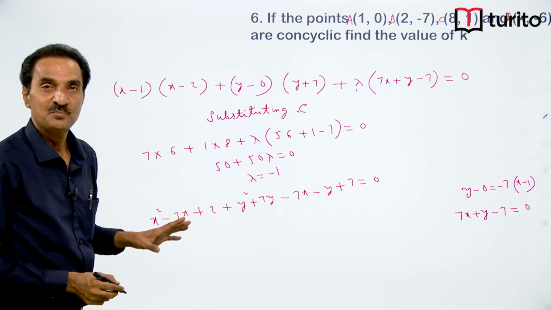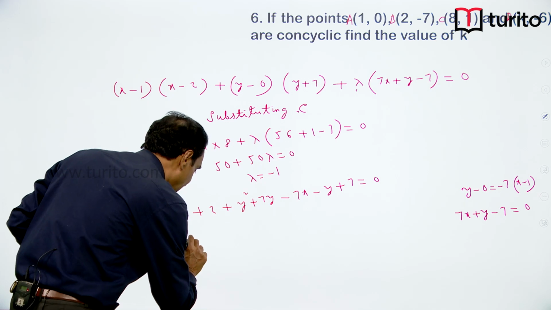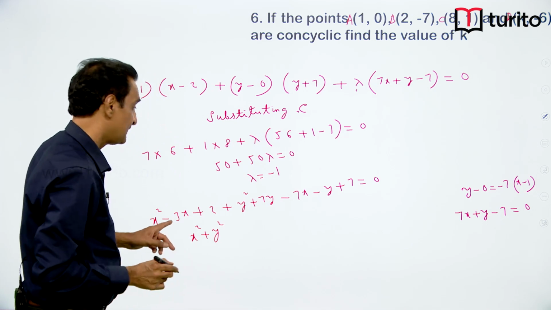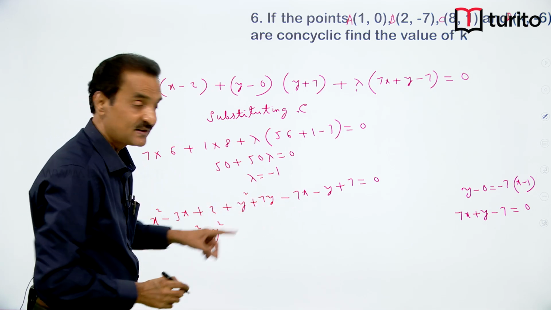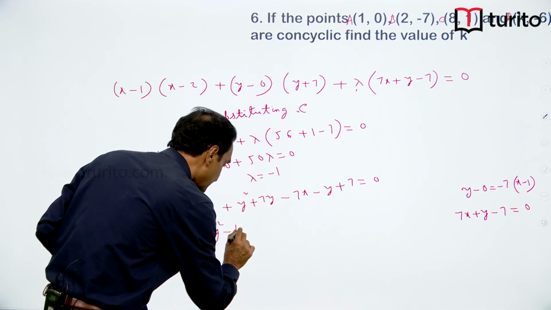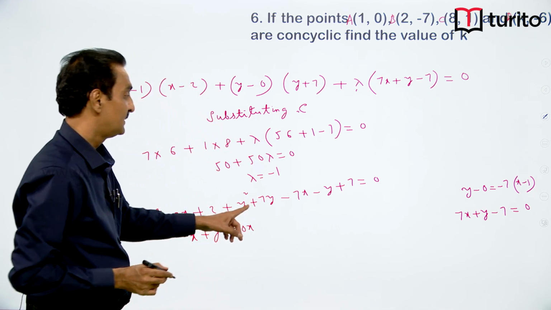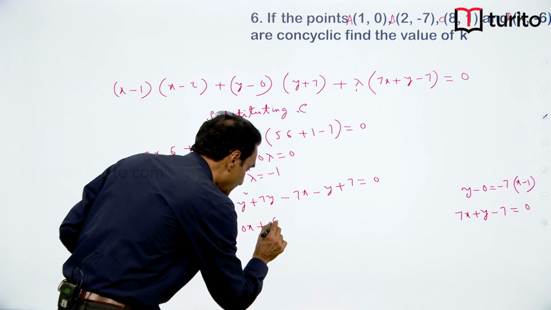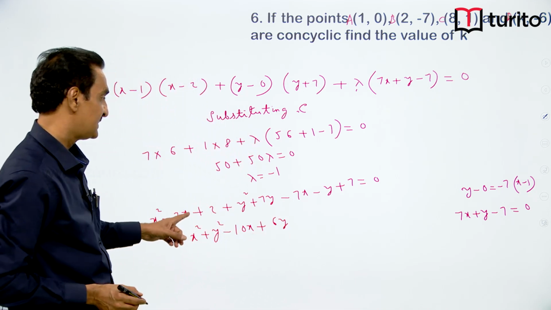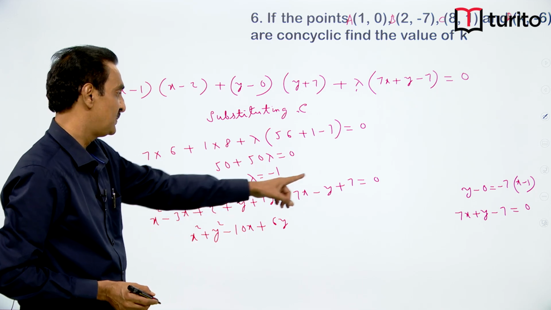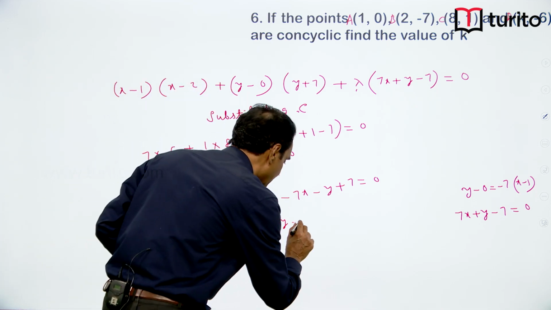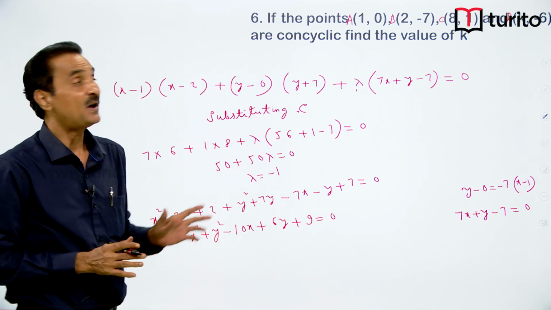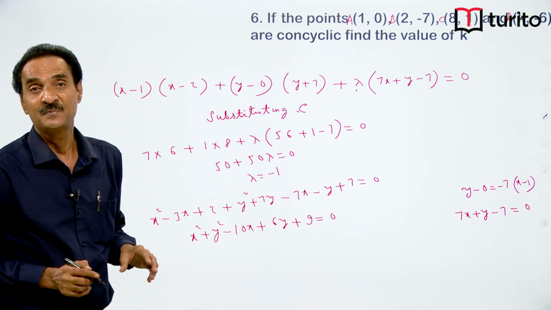Now, let us write the equation properly: x square plus y square minus 10x plus 6y, what is the constant term? 2 plus 7, 9, plus 9 is equal to 0. This is the circle passing through the first 3 points A, B, C.